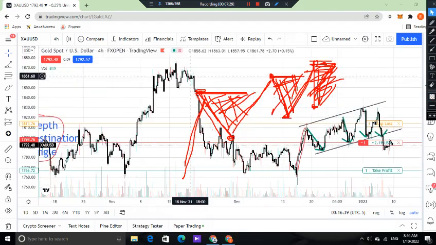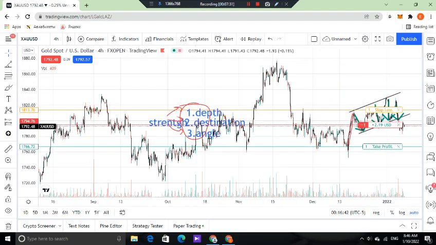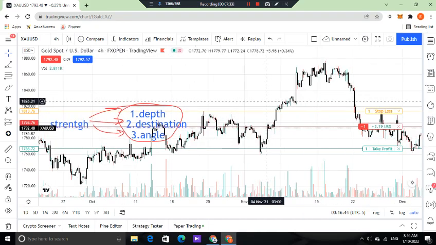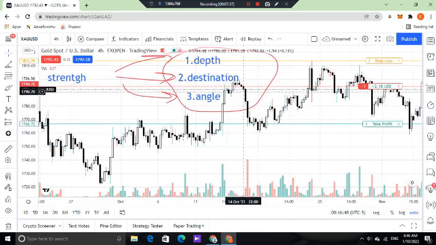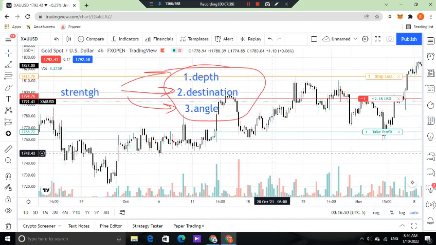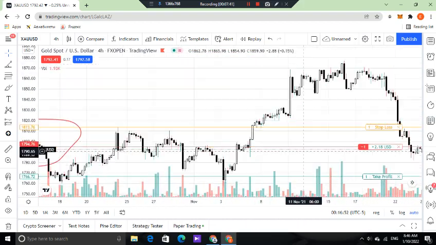Okay, let's talk about the other parameter, which is destination. What the hell is destination?